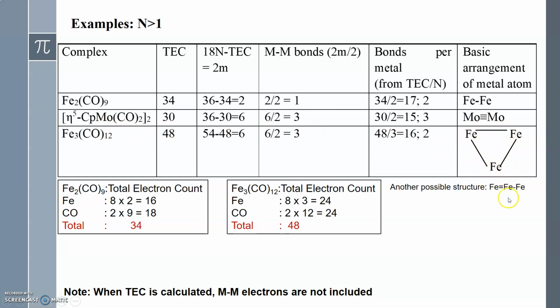Either as a triangular geometry or as a linear geometry. I want to know which geometry is correct, right? So now, what is the electron count that is present on each iron? 16. So each iron now requires 2 electrons, which can be gained through the metal-metal bond.